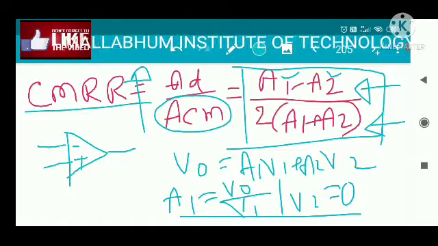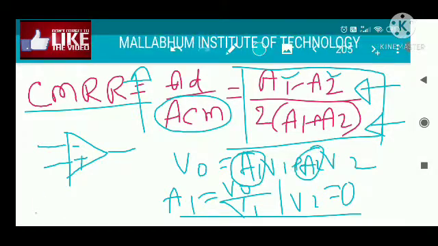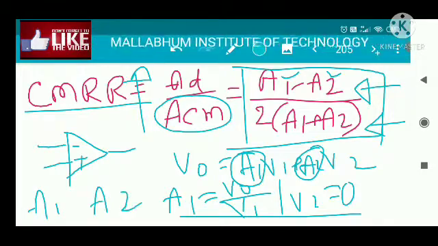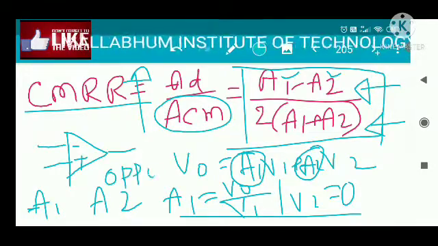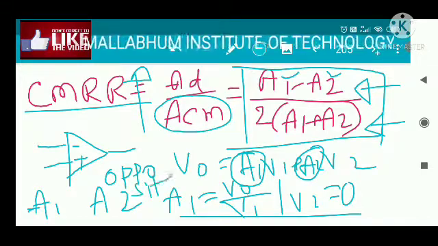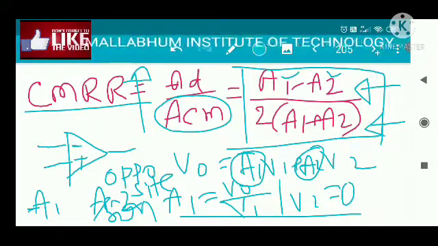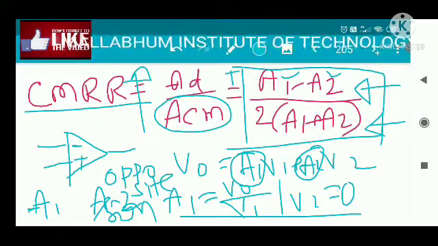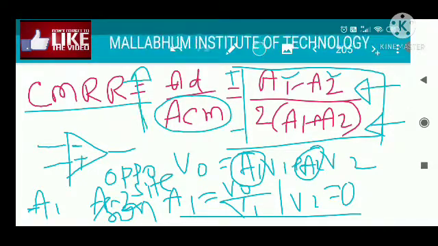So gains A1 and A2 have opposite sign. As these two are opposite sign, the difference becomes large and the summation becomes small.